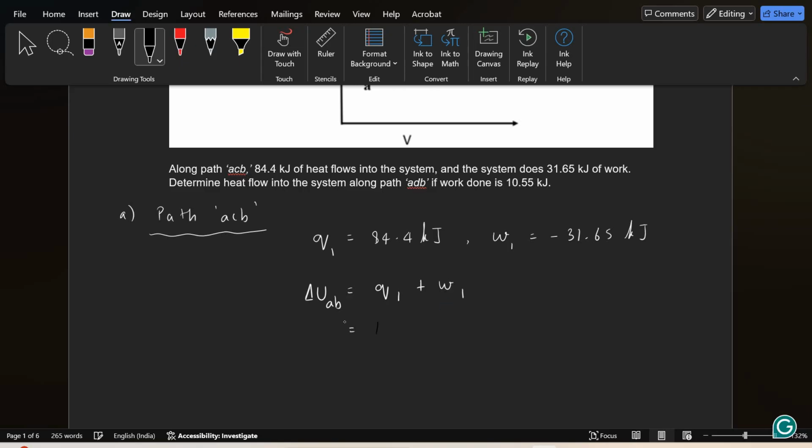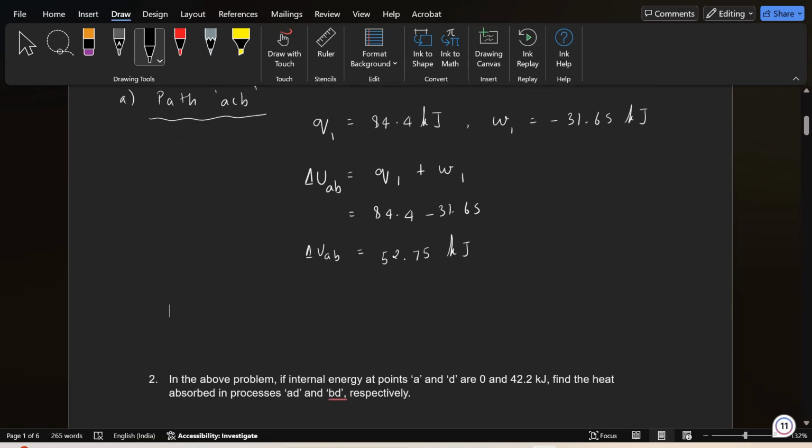So what is the value? 84.4 minus 31.65. So the change in internal energy when you go from A to B is this value.